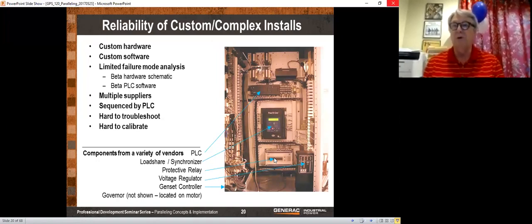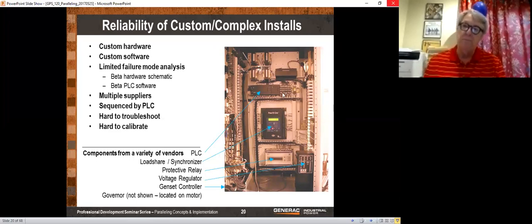And the person doing the startup, the person doing the maintenance and the troubleshooting has to be very, very well trained and have lots of experience in that particular parallel system. For instance, an ASCO paralleling system would be an entirely different system than some other manufacturer. And so you need to get someone who's very, very familiar and experienced with that particular parallel system because they're complicated.